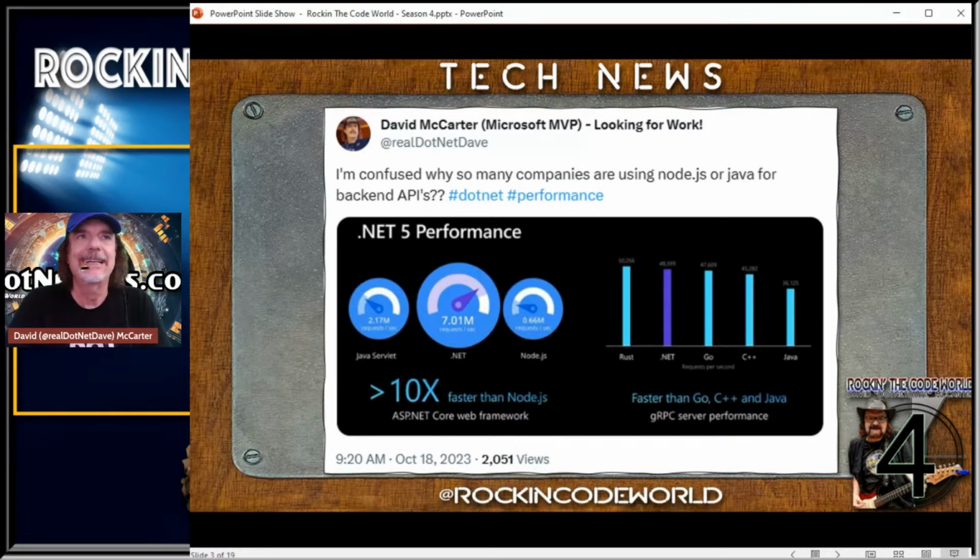C# in .NET 5 was 10 times faster than Node.js. And so help more people get the clue, especially in some of the things I've been seeing in .NET 8. There's dramatic performance increases in .NET 8, which I think is going to blow away that 10 times number as soon as it's officially released next month.